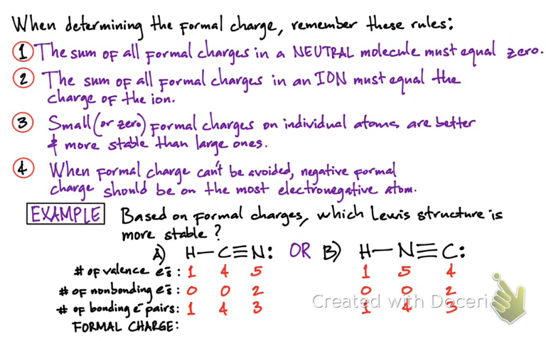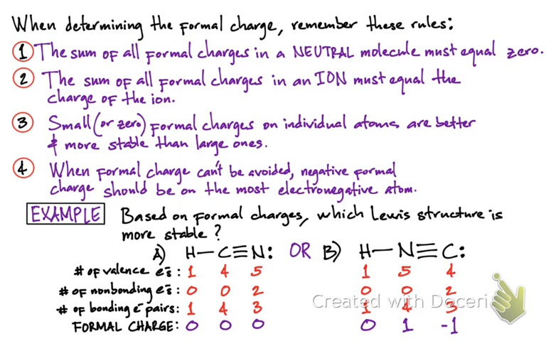So 1 minus 0 minus 1 for hydrogen would give hydrogen a 0 formal charge. For carbon, it would also be 0 because we're subtracting 4 from 4, and then 0 for nitrogen as well. And for the structure labeled B, that would be 0, 1, and -1.